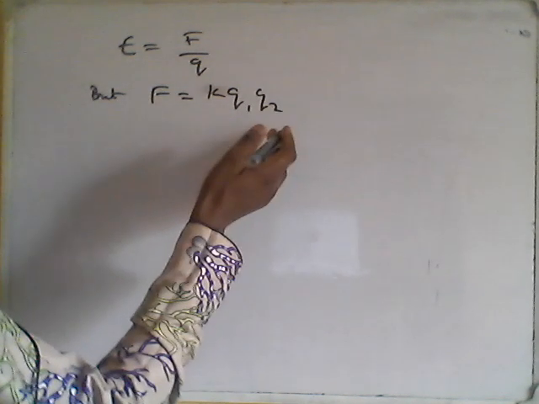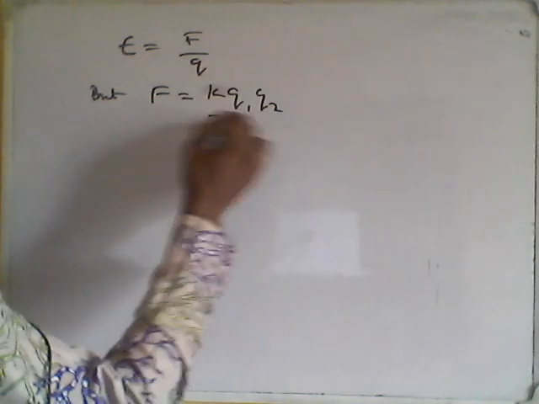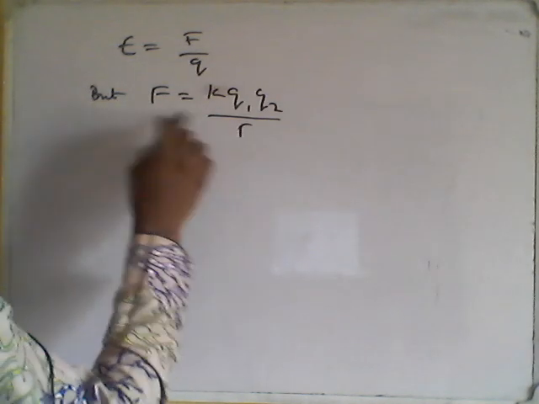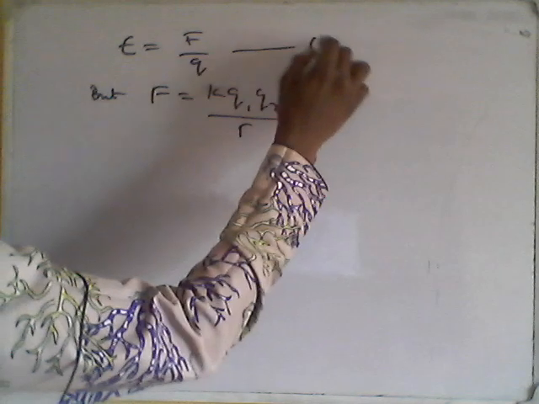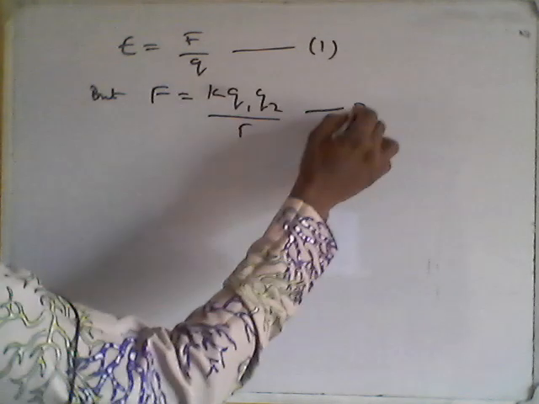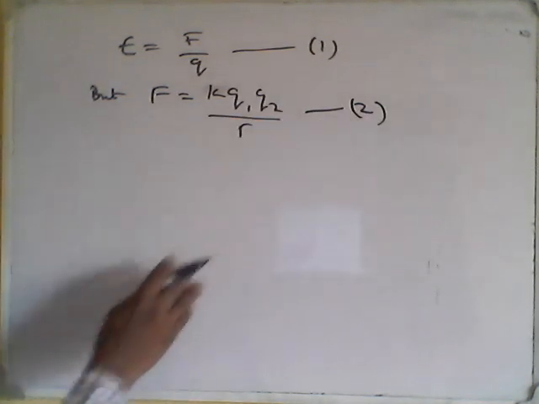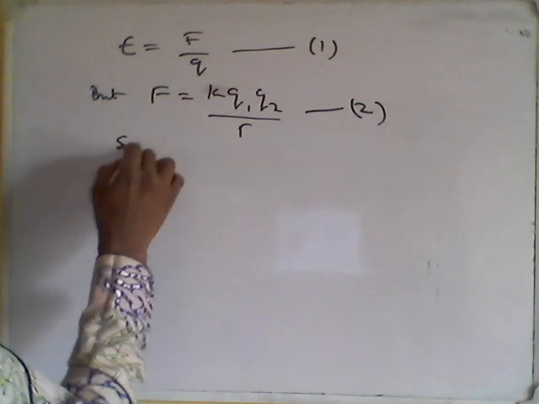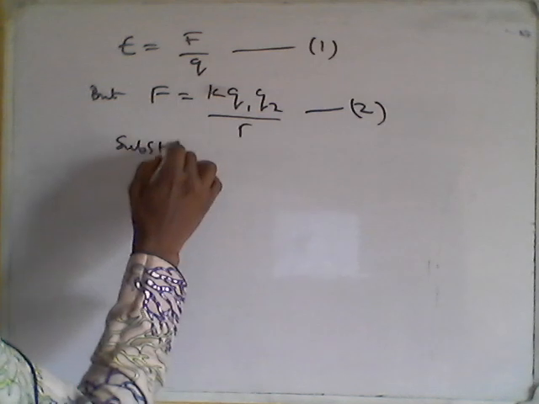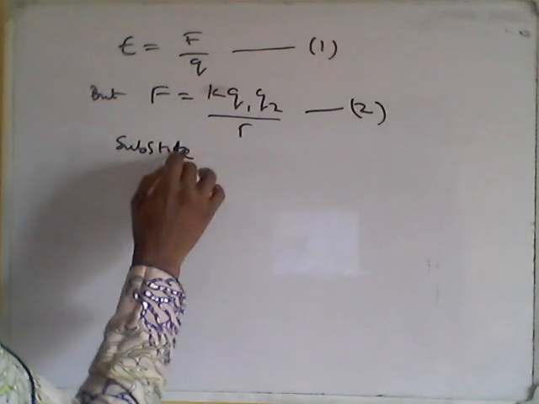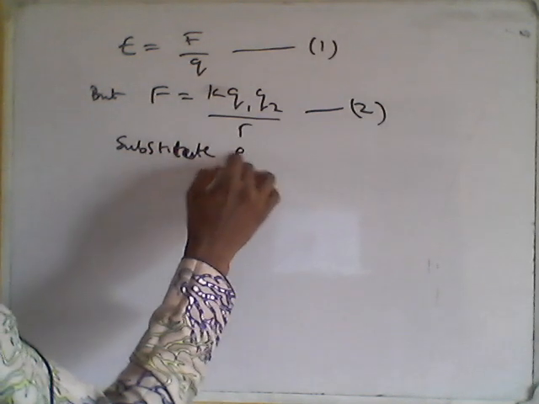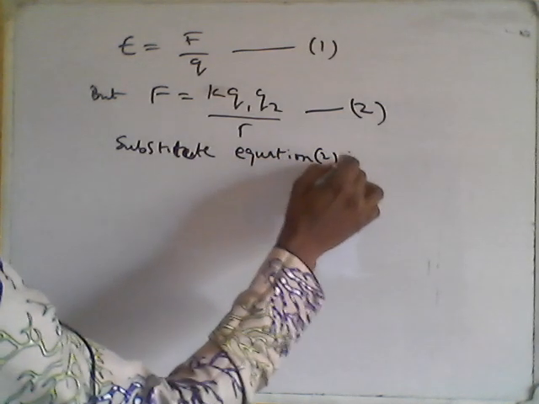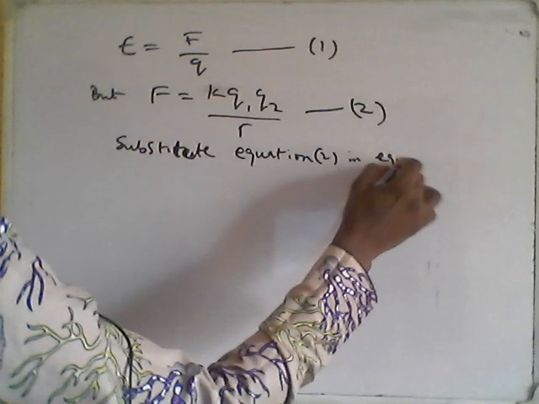If Q1 and Q2 are similar, it's Q squared over R squared. So this is equation 1 for electric field, and equation 2 is the relationship between force and the charges. I can now substitute equation 2 in equation 1.